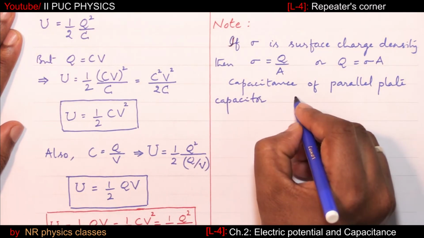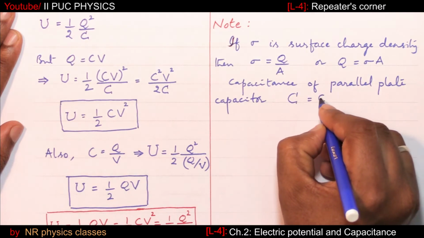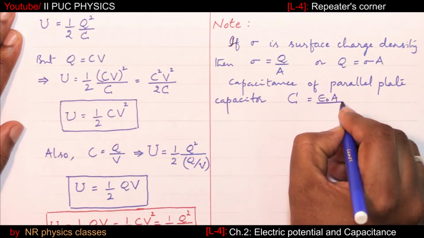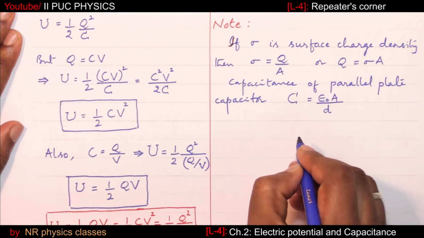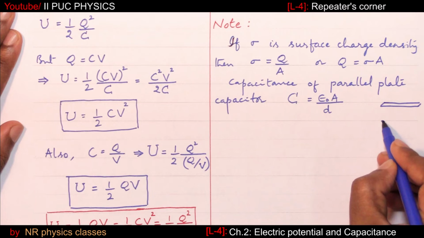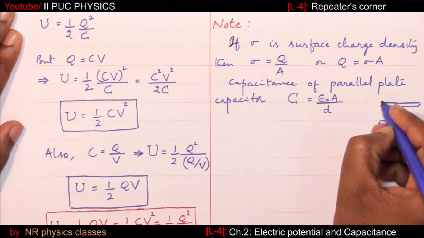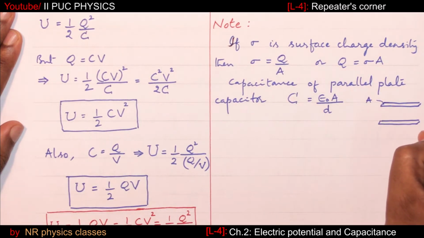Capacitance of a parallel plate capacitor is C equals epsilon naught A by D. What is A? If there are two plates in a parallel plate capacitor, then area of each plate is A, and distance between the plates is D.